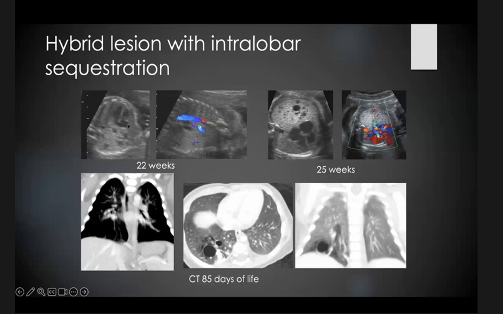You have that big heterogeneous lesion with cysts and a hyperechoic part, with vasculature from the aorta and pulmonary venous return. Postnatally, you see that there's a cyst, which is the CPAM part. I don't show it well, but there was an artery from the aorta, which was the sequestration part.